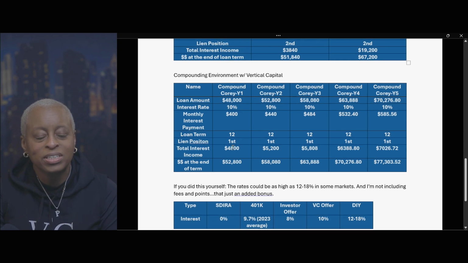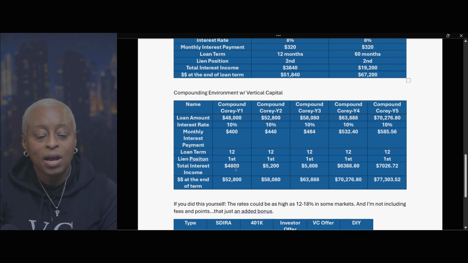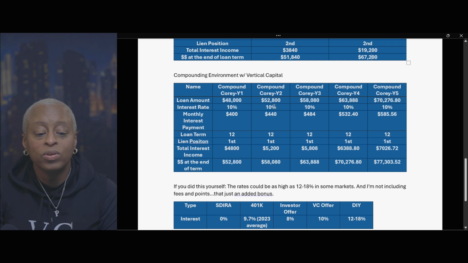You get $4,800. You add that to his $48,000. At the end of the 12 months, you've got $52,800. So in a compounding environment, we assume our principal and interest will be reinvested in year 2. So now Compounding Corey in year 2 starts off with $52,800. We loan this back out. We pay 10%.